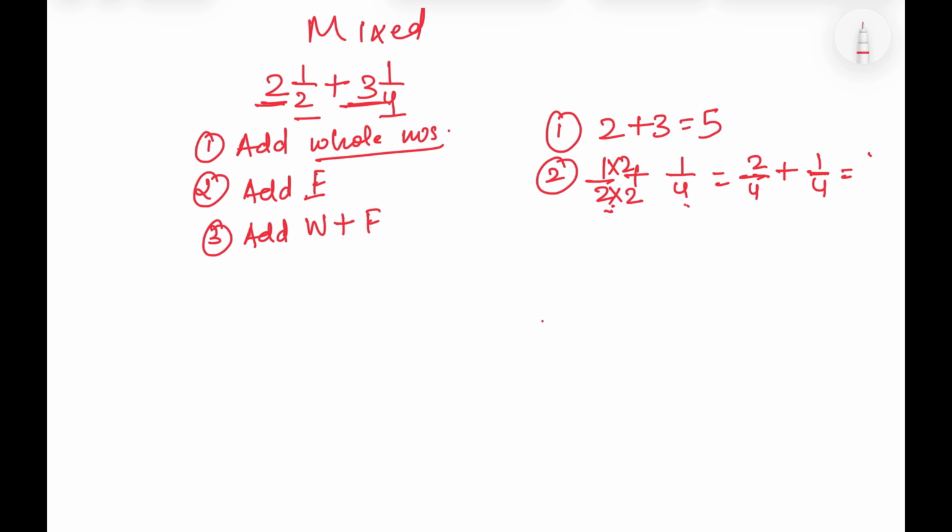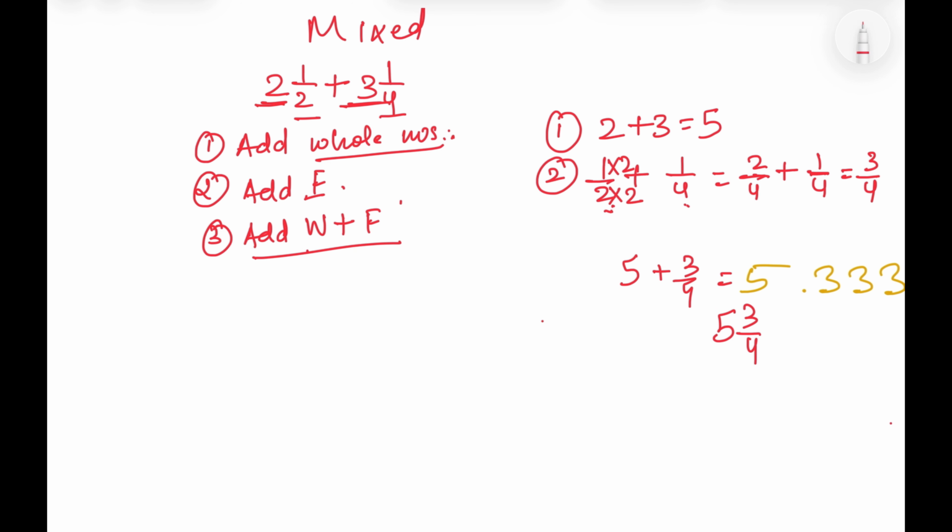We add the numerators and we get 3 by 4. And the final step, add the answer of the whole number and the fraction. These two answers you add. So 5 plus 3 by 4 is equal to 5 3 by 4. Okay. So this is the answer, a mixed fraction.